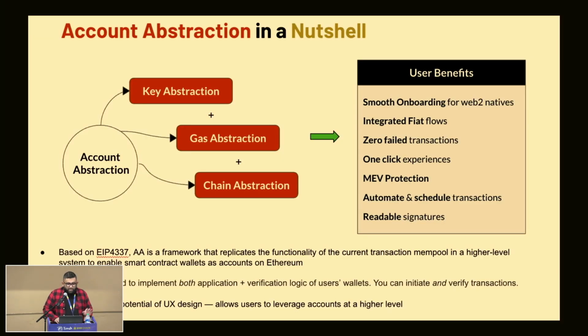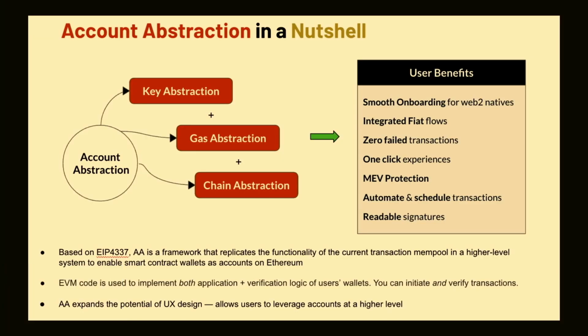So it's a little diagram for account abstraction in a nutshell. The main things that we'll look at are key abstraction, gas abstraction, and chain abstraction. The user benefit that comes from this is a smoother onboarding for folks who are Web 2 native. You can integrate sign-in with Google, sign-in with any social login, and automatically generate a brand new Ethereum address for them just based on that sign-up from their Web 2 authorization.